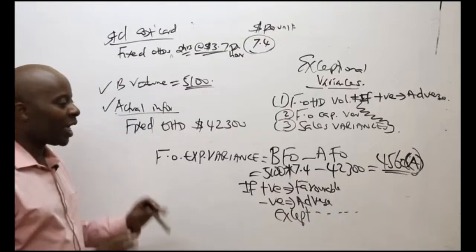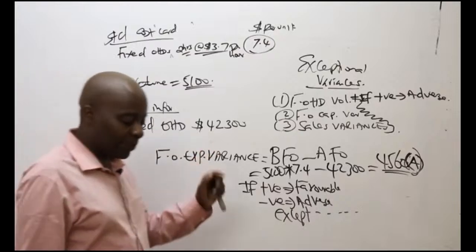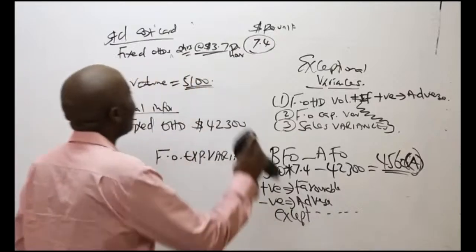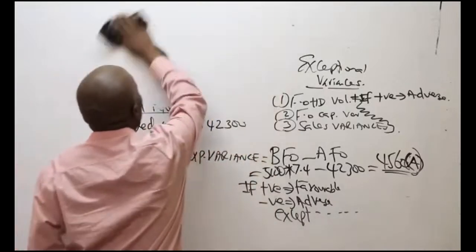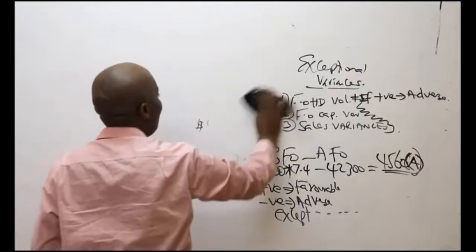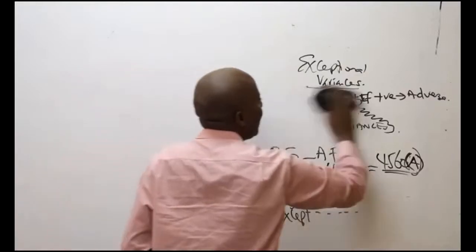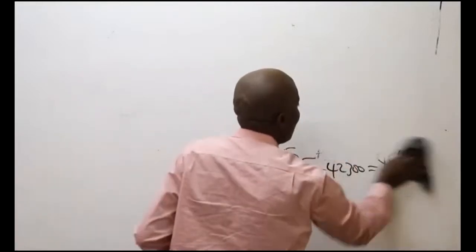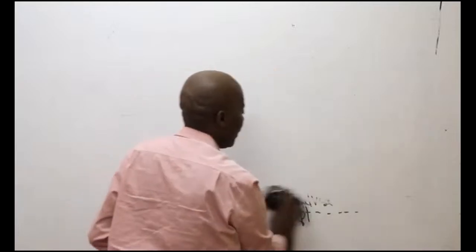Now, please allow me to go to our last type of variances, called the sales variances. So we have here sales variances.